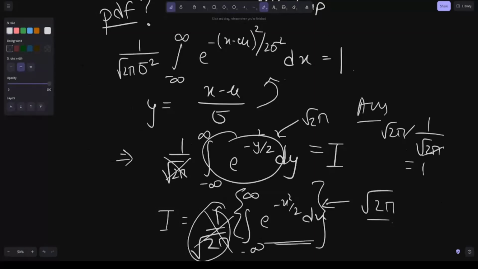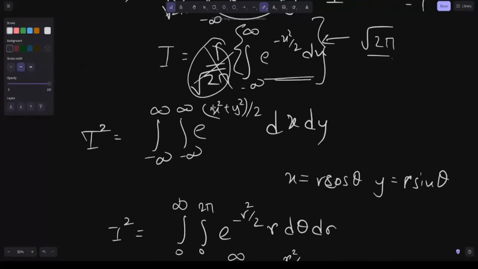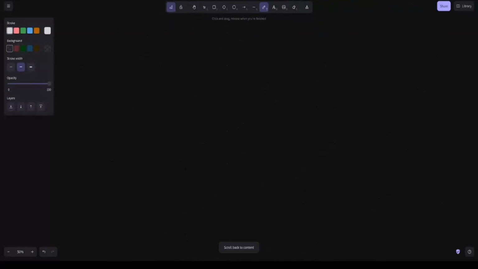Now how do we find out the expectation and variance? Before that, I will talk to you about something called standardization. Standardization is something like this.